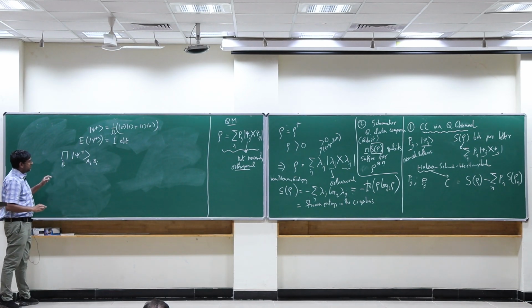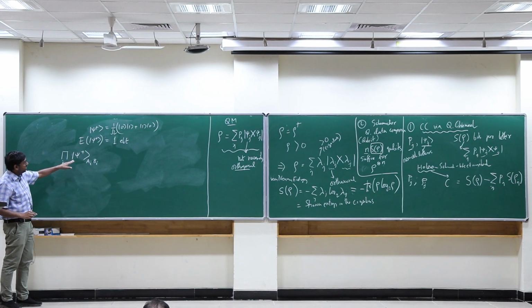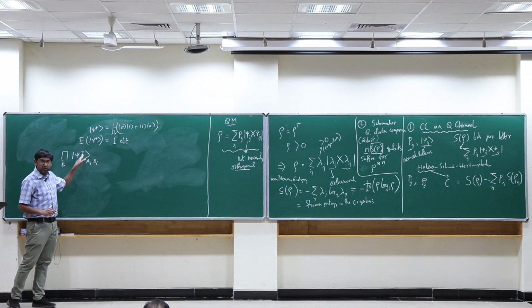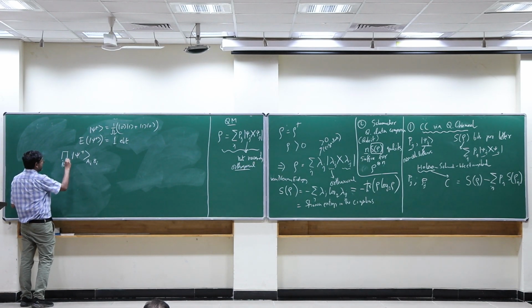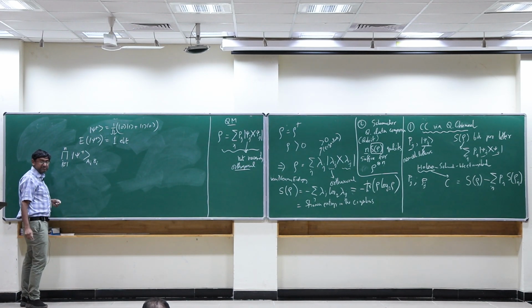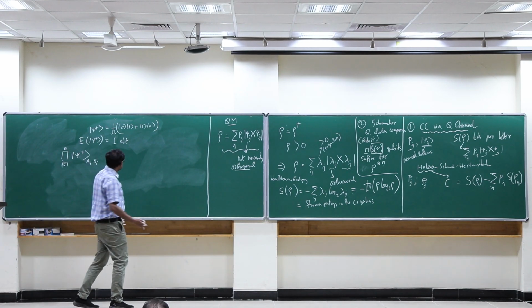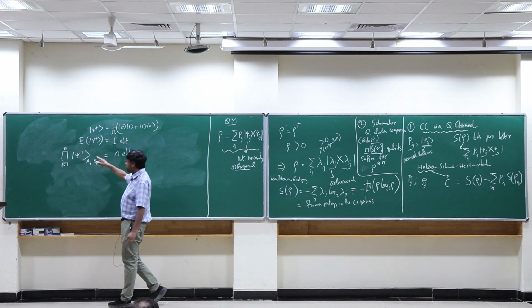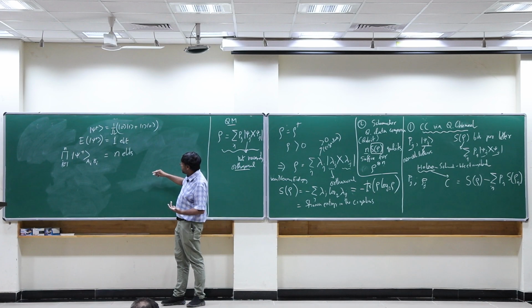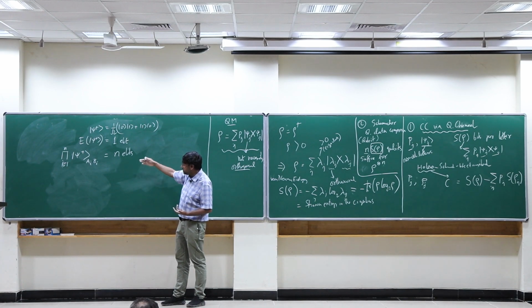Suppose you had many states shared between Alice and Bob, all psi plus. Say you had small n of those pairs. Then what is the entanglement? The entanglement is n e-bits, just because they are separate pairs and each has one e-bit. So you can teleport n pairs, so it has n e-bits.